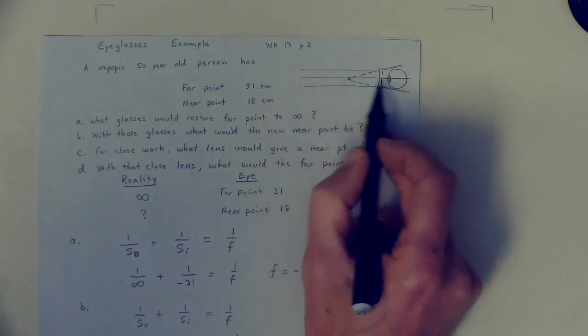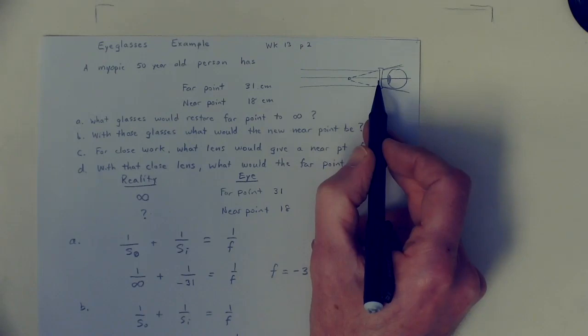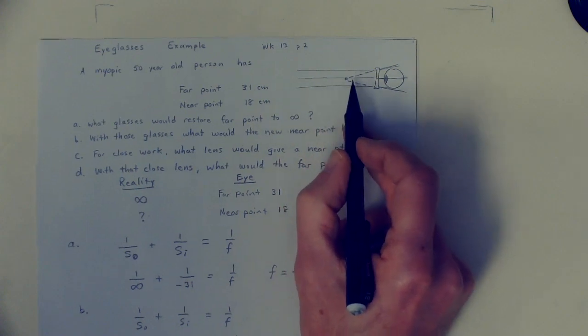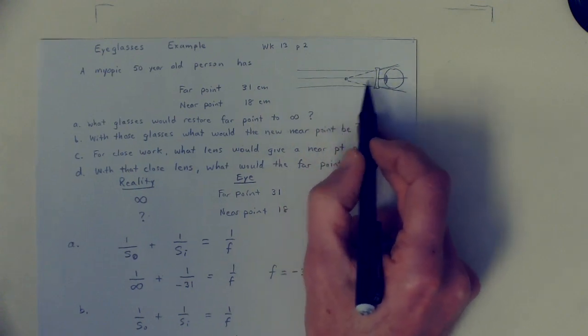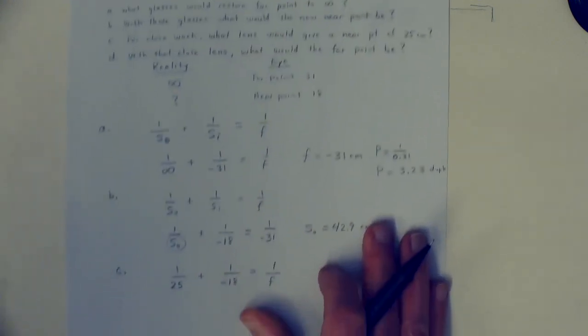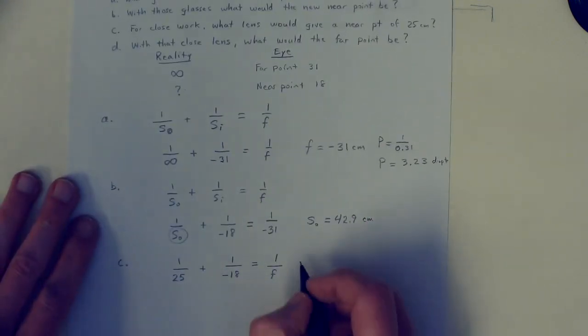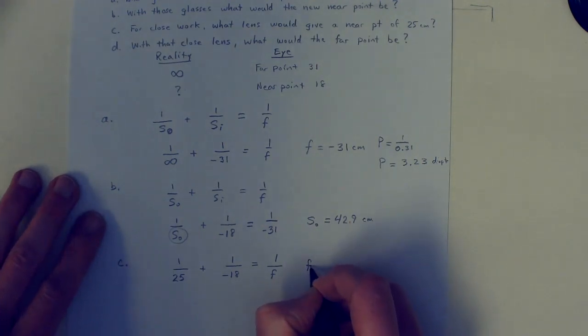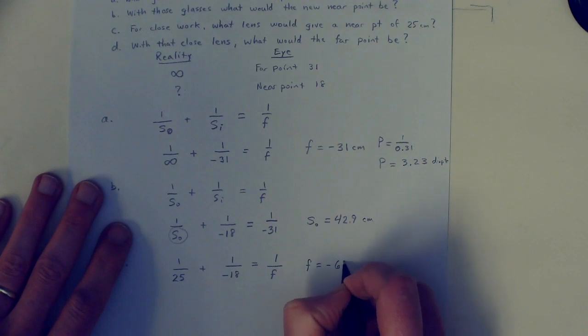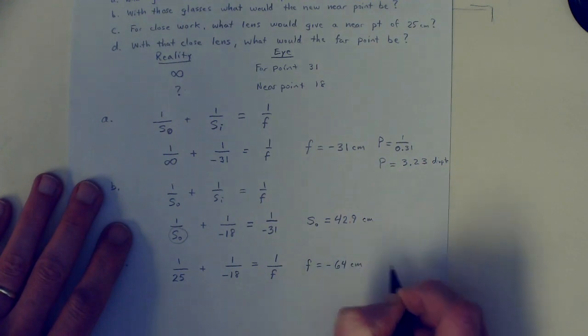So that's the regular 25 distance here in front of the lens. But then the image formed by that lens is going to seem to be at 18. And that's where we have this minus sign, because that's an image on the wrong side of the lens. So we still have that minus sign there. You can find the focal length for this, and it turns out to be minus 64 centimeters.